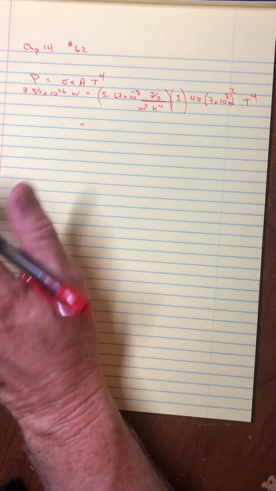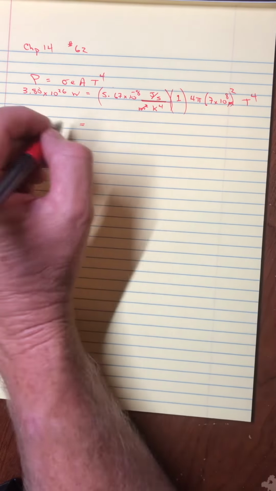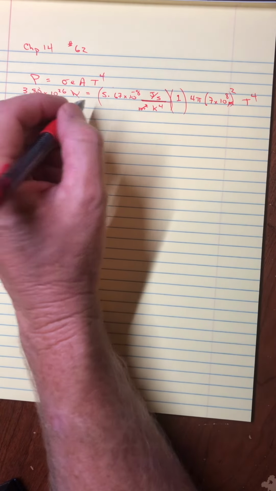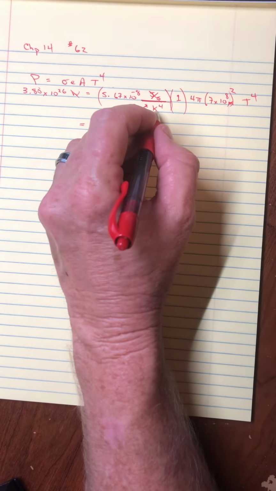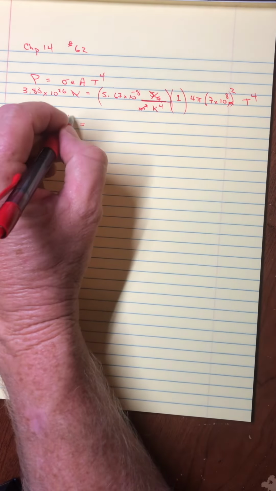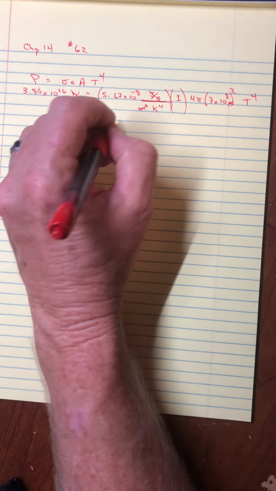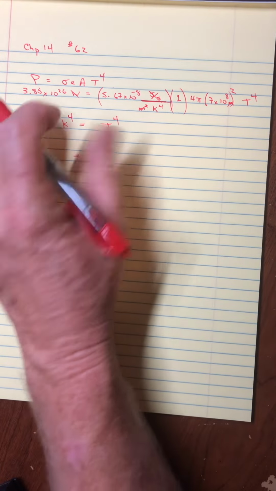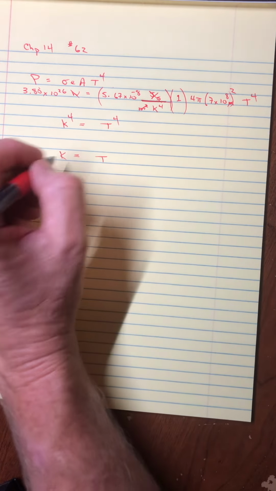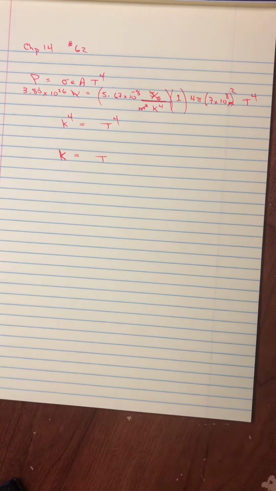If we analyze the units here, you're going to see that the square meters cancel off, and the watts, which is the same as a joule per second, cancel off, and this Kelvin to the fourth power is the only remaining unit. And that's perfect because it's going to have temperature to the fourth power. And so when we take the fourth root of it, we're going to get just Kelvin for the units.